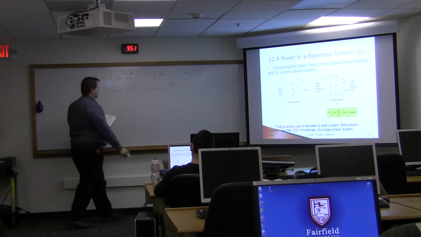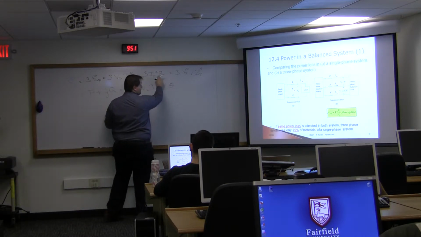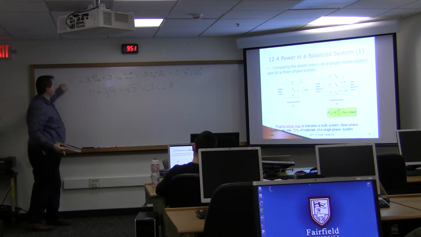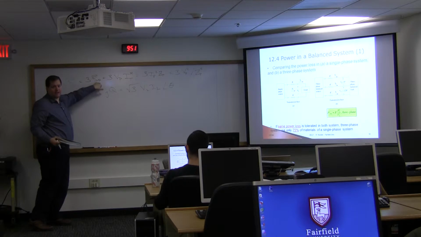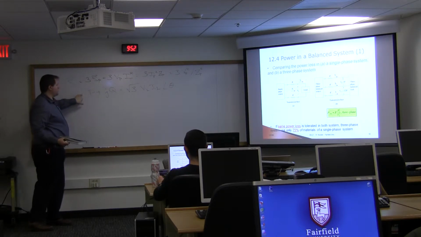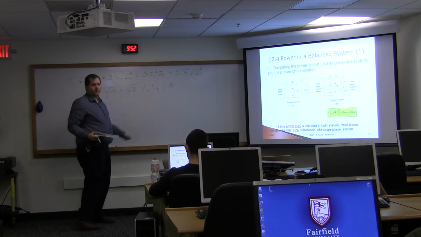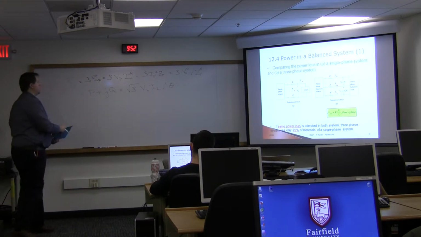And this theta here is just the theta of Z, of the impedance. So the first expression up here is for the phase voltage and phase current. This bottom expression is if we know the line voltage and line current. Okay, we can calculate it that way.